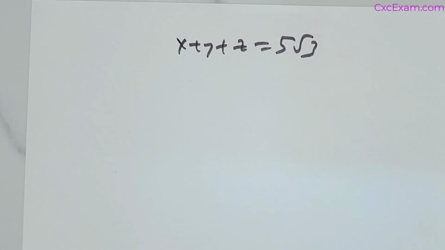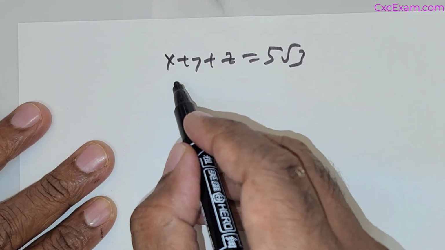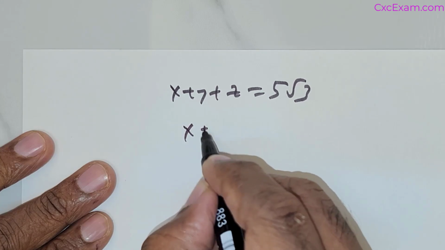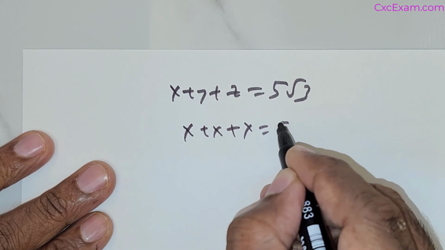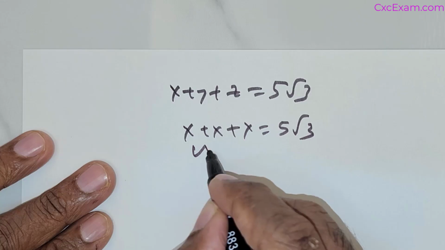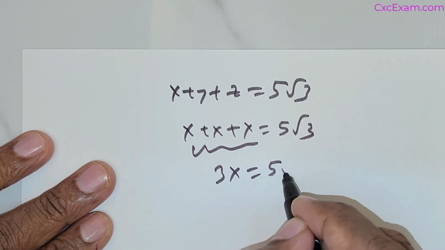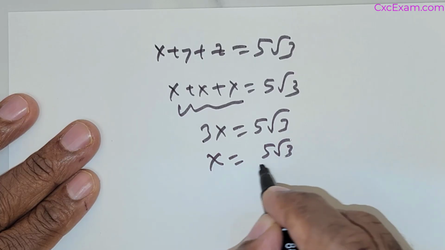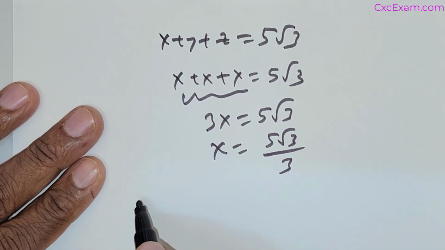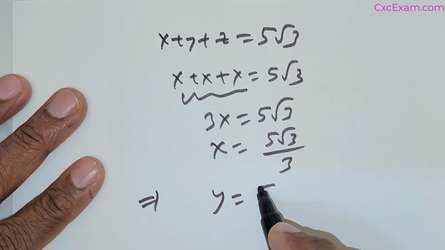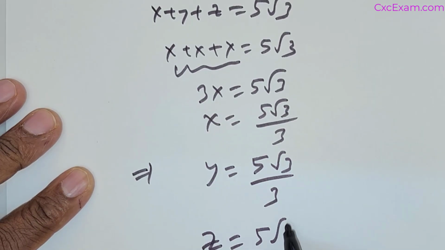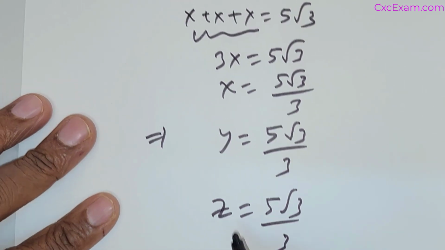Now x is equal to y is equal to z, so that means x + x + x is equal to 5 times the root of 3. So you add all these, you get 3x is equal to 5 times the root of 3. So x is equal to 5 times the root of 3 divided by 3. So this in turn means y is equal to 5 root 3 divided by 3 and z is equal to 5 root 3 divided by 3.